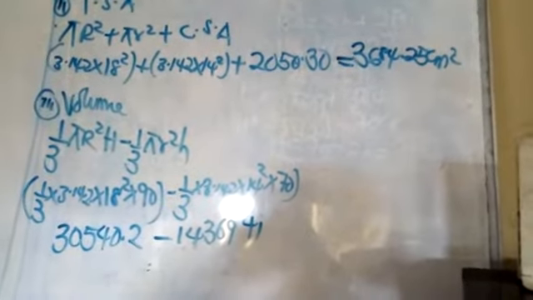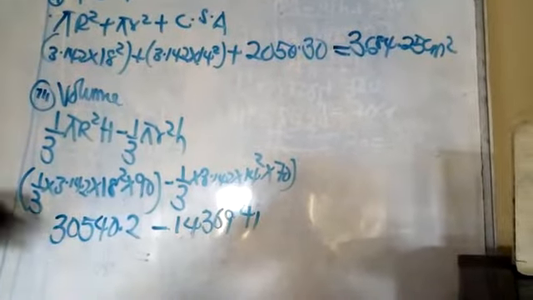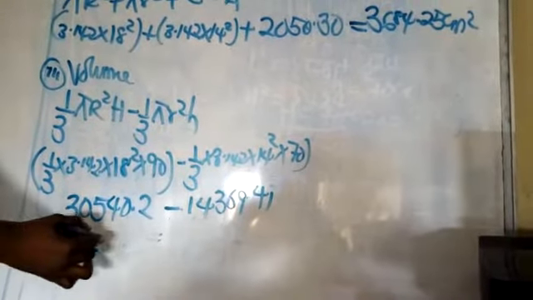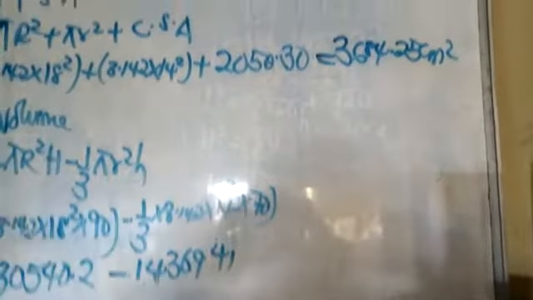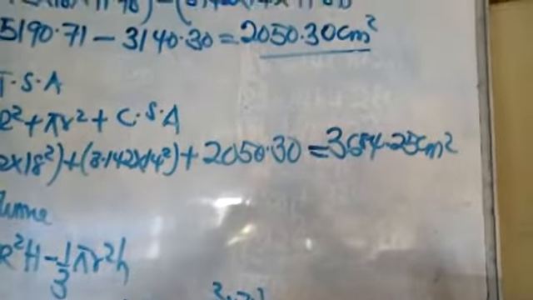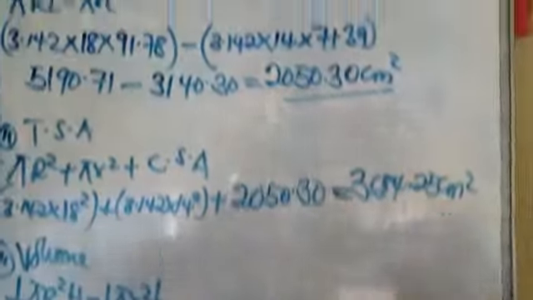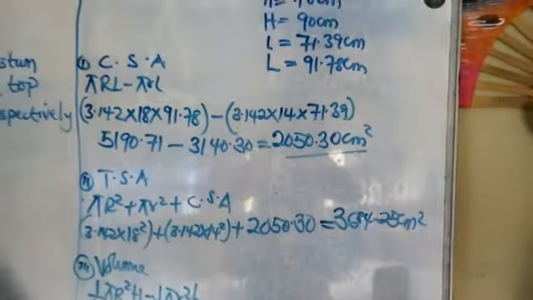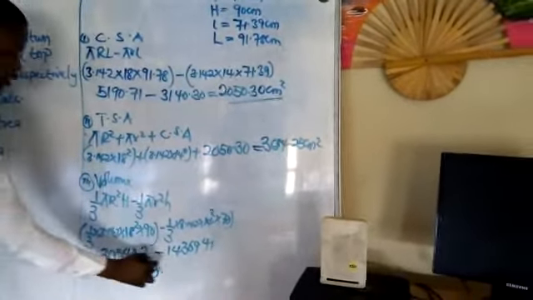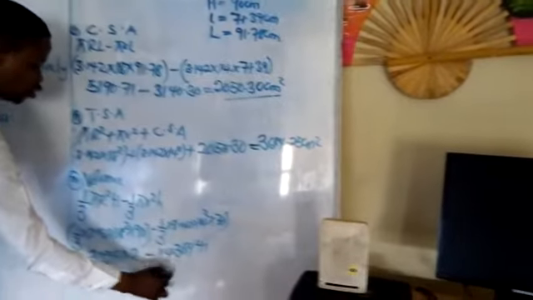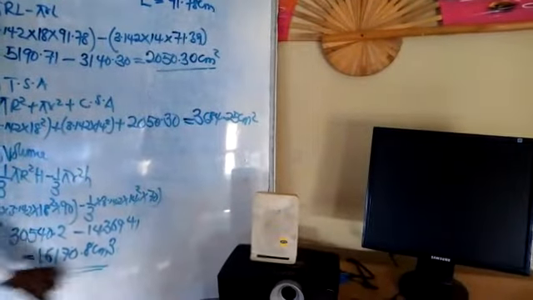So by the time you subtract this, you are going to arrive at 16170.8 cube centimeter. That is the unit of volume.